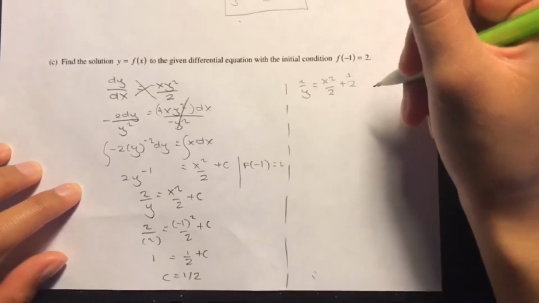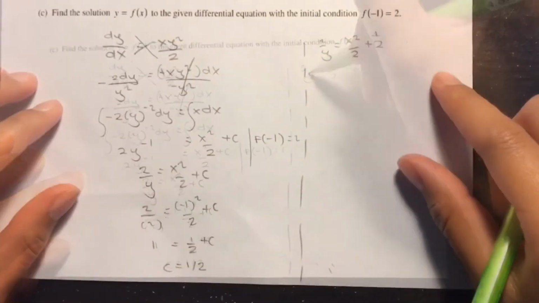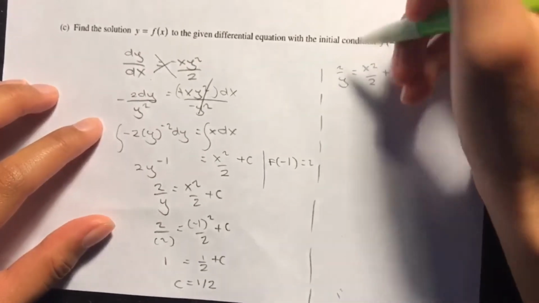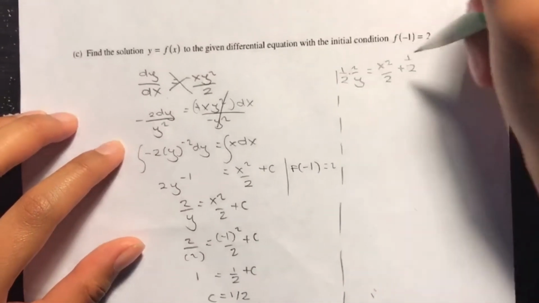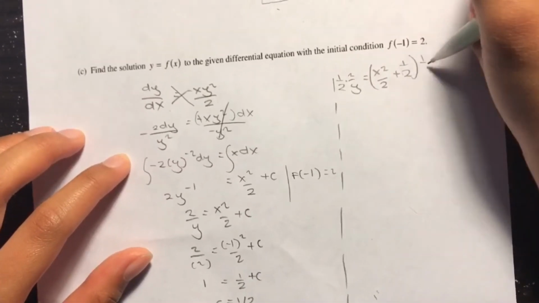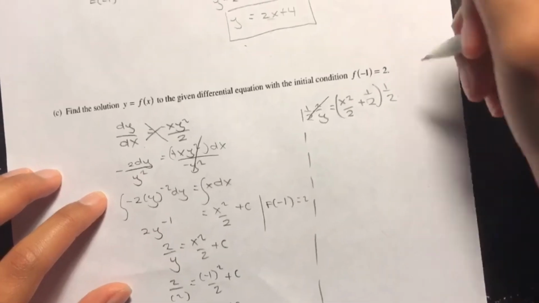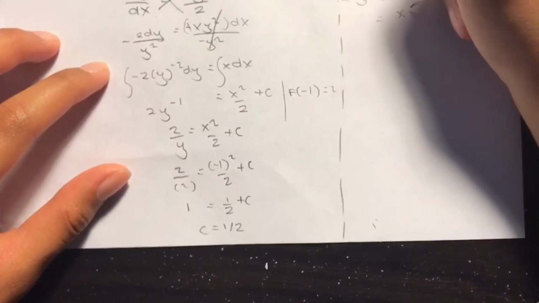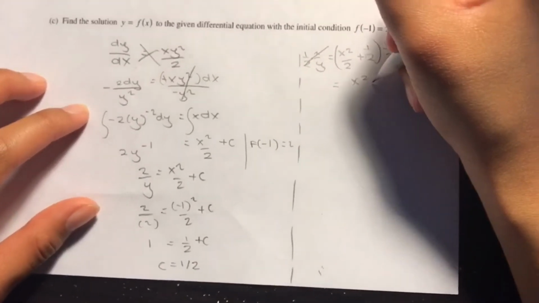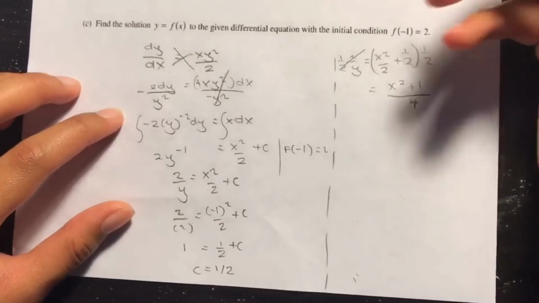Alright, so we have a 2 over here, but we want to have y alone. So since we want y alone, we would multiply both sides by 1/2 so that it would cancel on this side. And we would multiply that, and we should get x squared plus 1 over 4 because they have a common denominator.